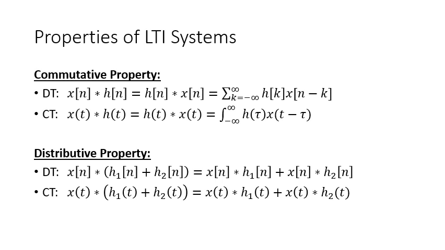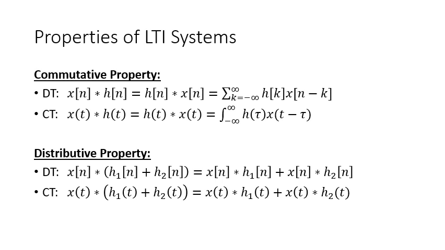Remember that the convolution sum and convolution integral, for discrete time and continuous time systems, are both valid only when the systems are linear and time invariant. If the system is non-linear or time varying, in that case we cannot use the convolution sum or the convolution integral.